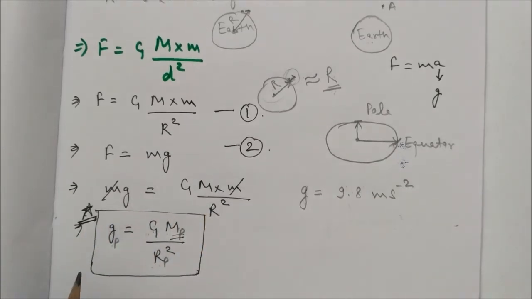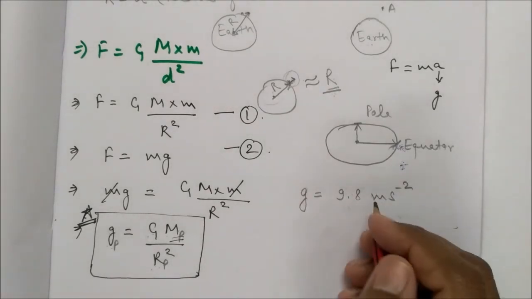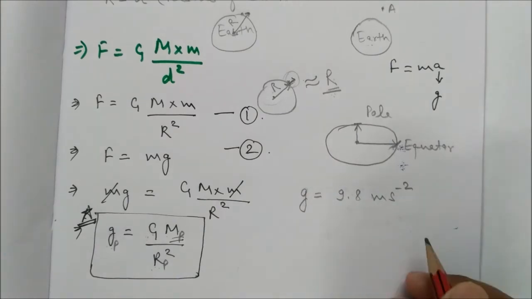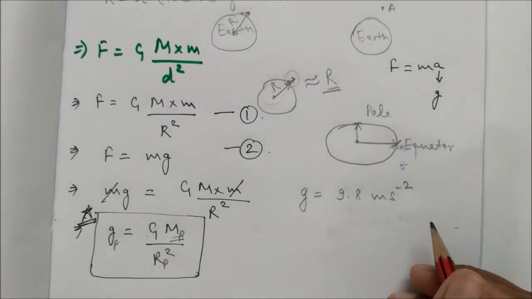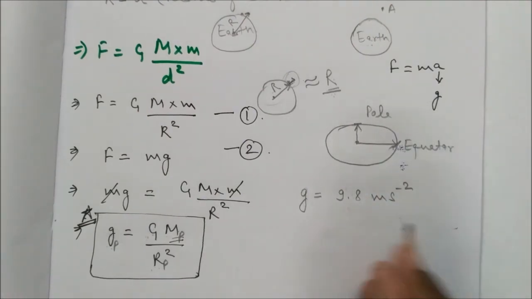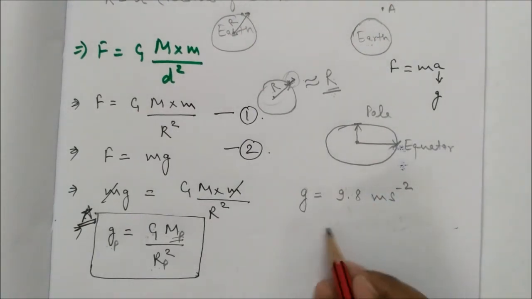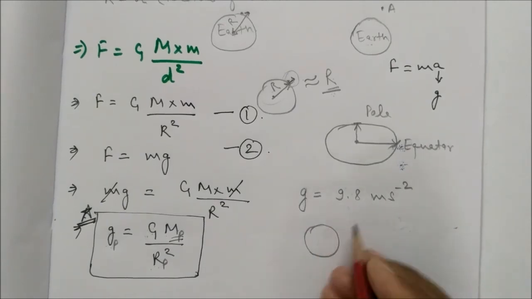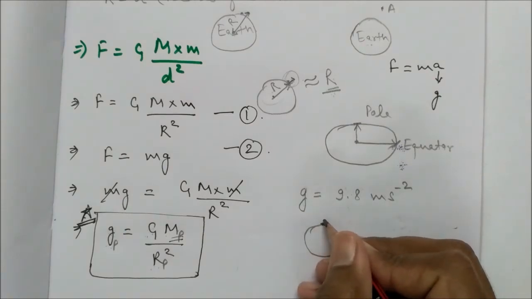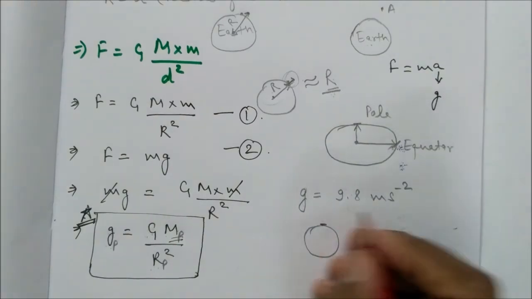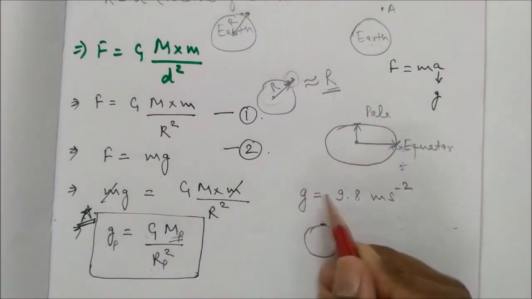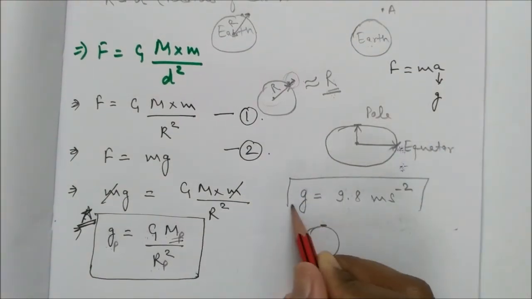Now we know that the value of small g, acceleration due to gravity, is 9.8 meter per second square. Does it change anywhere? Yes, it changes. How? On the surface of the earth, or somewhere very nearby the surface, we take g as 9.8 meter per second square.